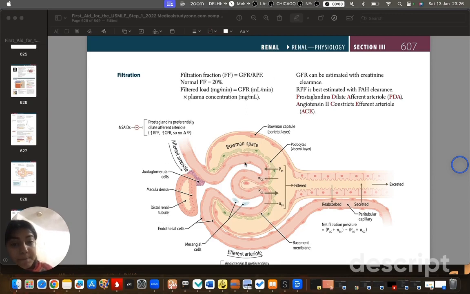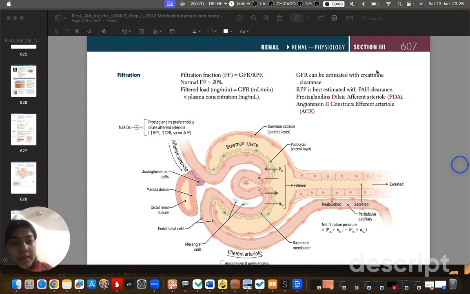But in that way, GFR should also increase, to be honest, if that was the case. But we'll find out now. The filtration fraction would actually be the same because it's a ratio of these two. Filtered load is the GFR multiplied by plasma concentration.